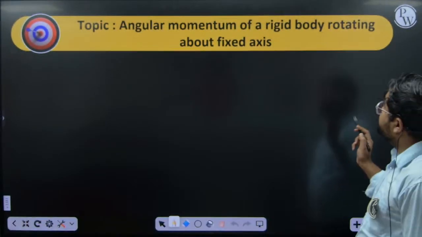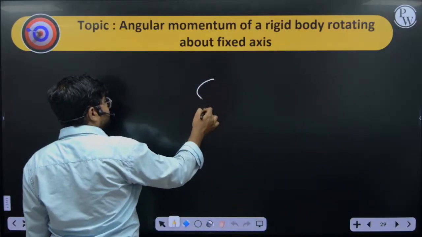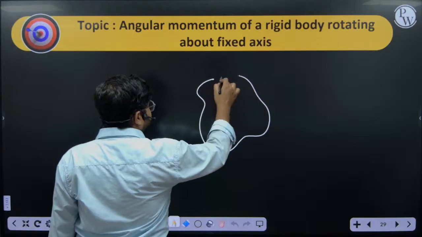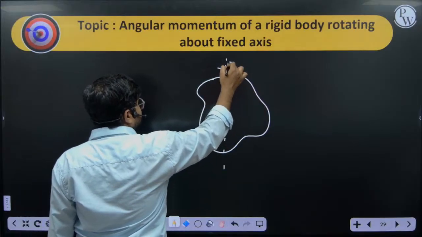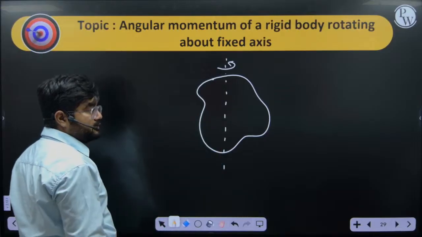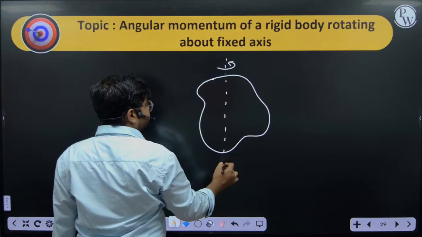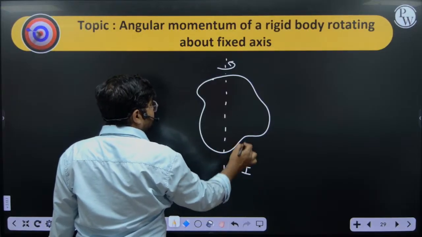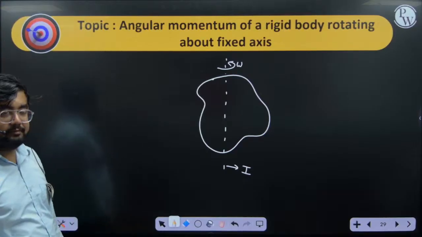Angular momentum of a rigid body rotating about a fixed axis. Suppose we have a body which is rotating about this axis. About this axis the moment of inertia is I and it is rotating with angular velocity omega.